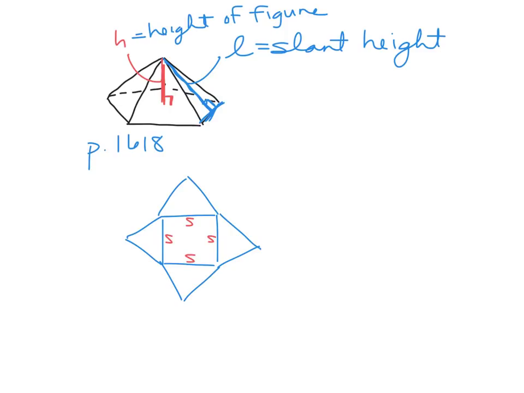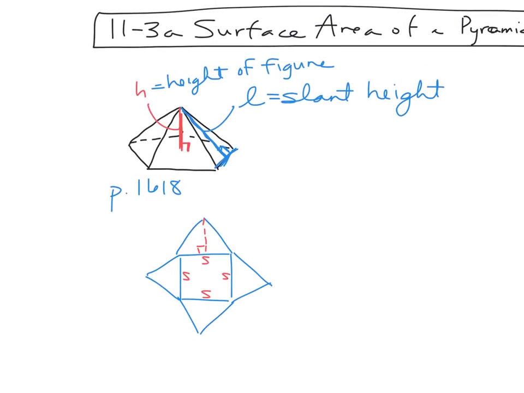Sorry, they always look too much similar to me. Then think about this line here. What is that? Is that H or L? The red line, that's the slant height, right? It's the height of the triangle, not the height of the pyramid. Okay, so this is our slant height.